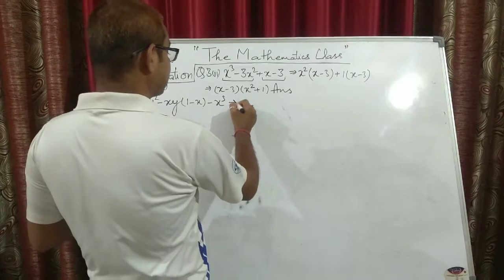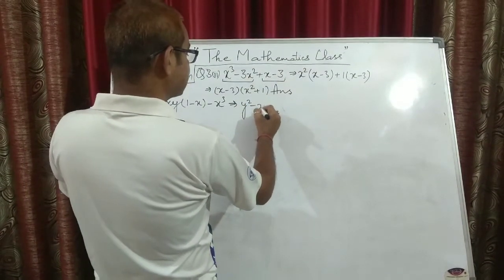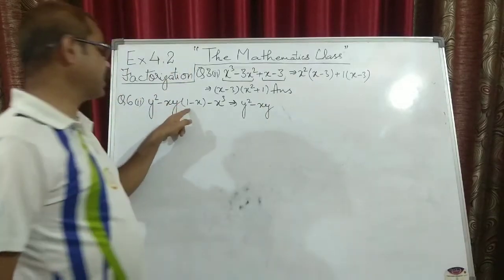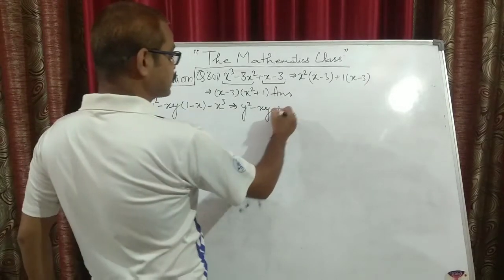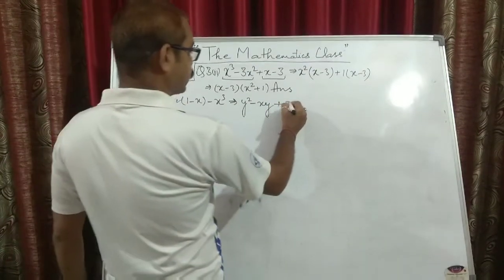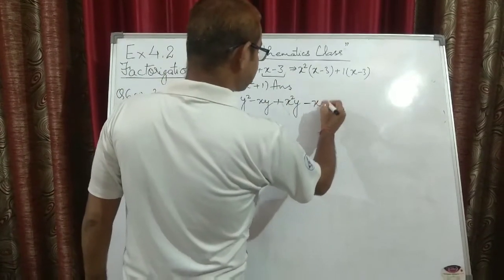That is, it can be written as y square minus xy. Xy into 1 is xy, minus and minus is plus. So plus xy into x is x square y. Then minus x cube.